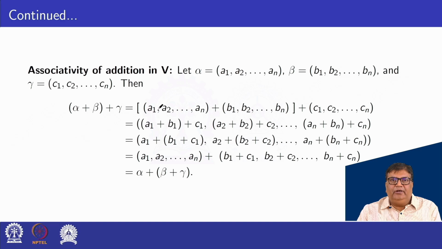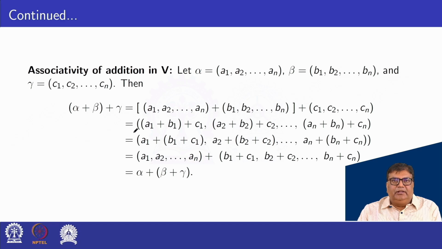So we can write (a1 plus b1 plus c1, a2 plus b2 plus c2, and so on, an plus bn plus cn).